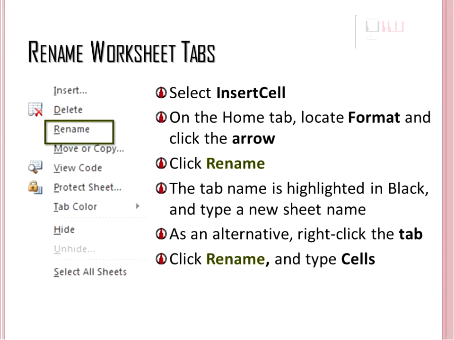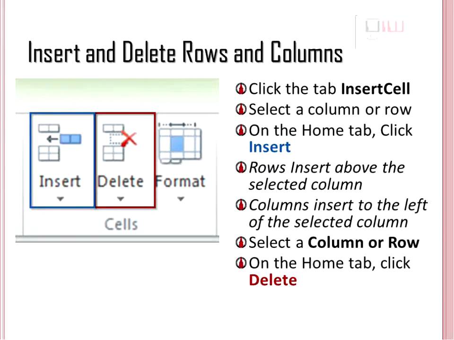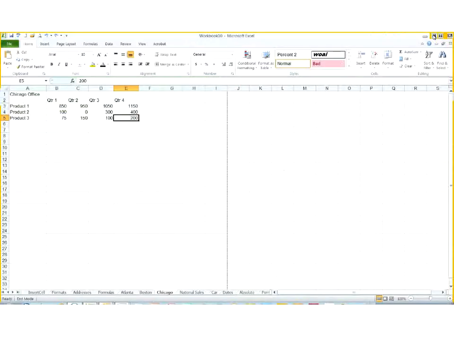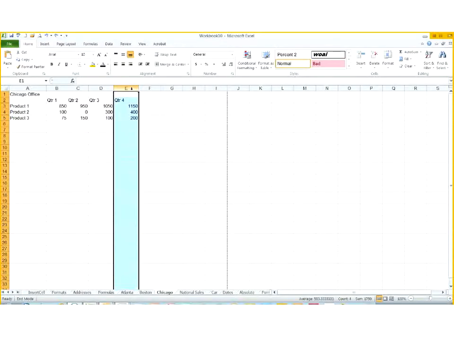Inserting and deleting rows and columns are very easy. If you're going to add a row or a column, just click on the column to highlight the entire column, and then just click Insert.